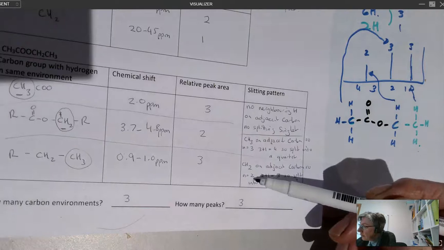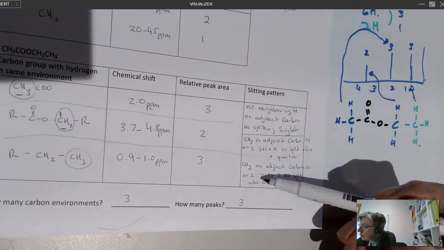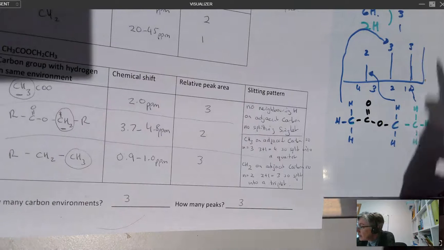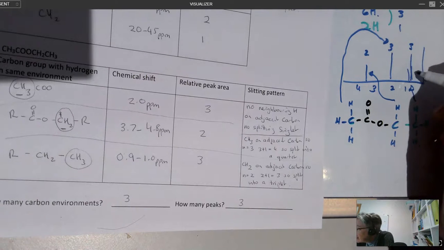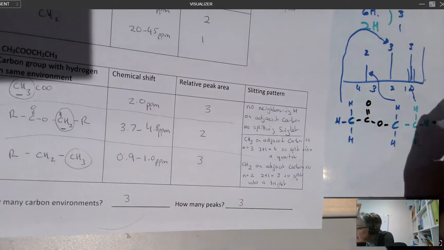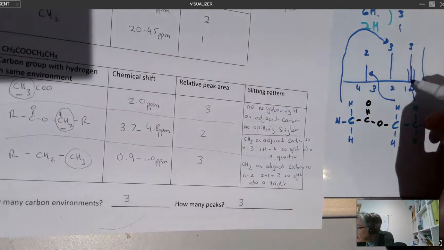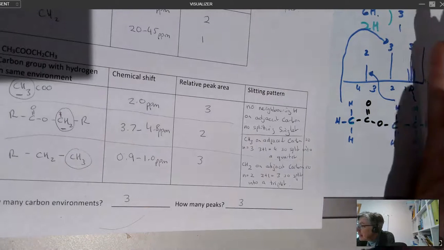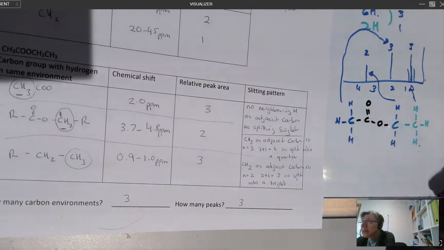So the number of hydrogens on the neighbours is 2. 2 plus 1 is 3. So it's split into a triplet. So this is there because of this CH3. It's the lowest one because of the CH3 attached to other hydrogens. And it's split because it has 2 hydrogen neighbours. So the peak is there because of that. It's split because of the neighbours.